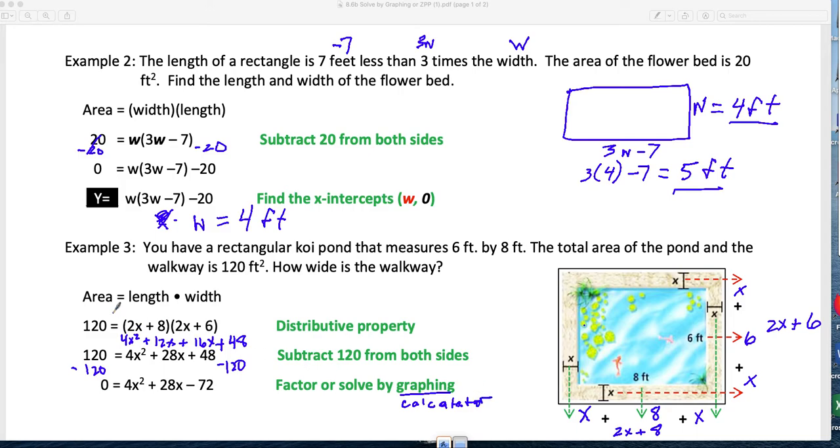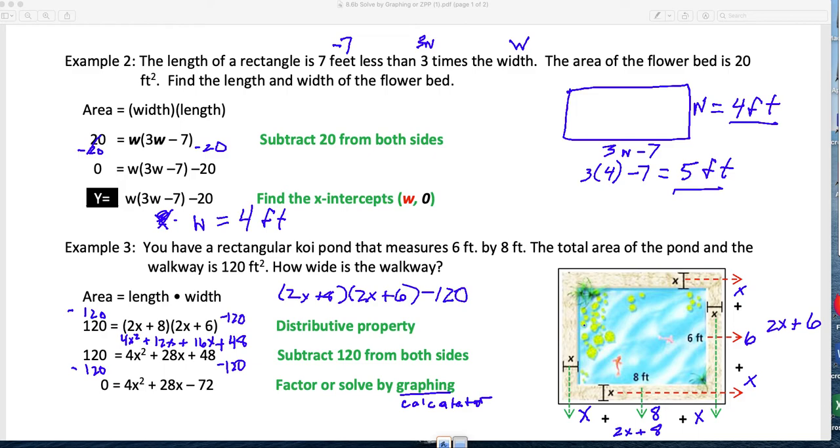I could have actually, up here, subtracted 120 from both sides. And I could have used my calculator and put in 2x plus 8 times 2x plus 6 minus 120, just as easily.